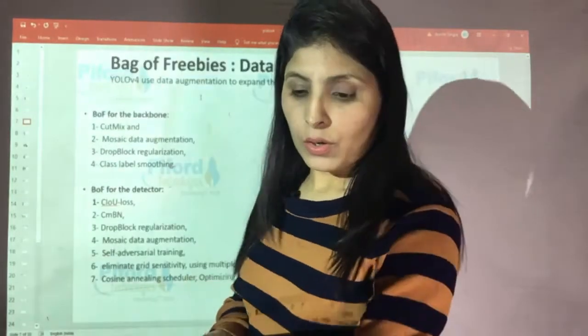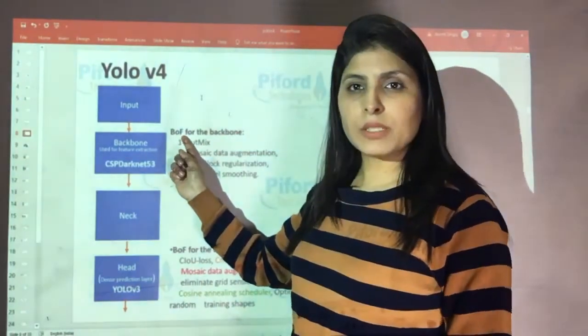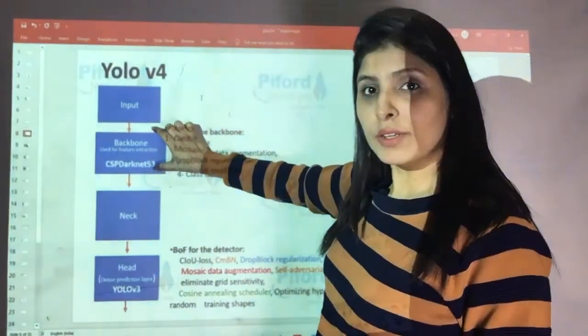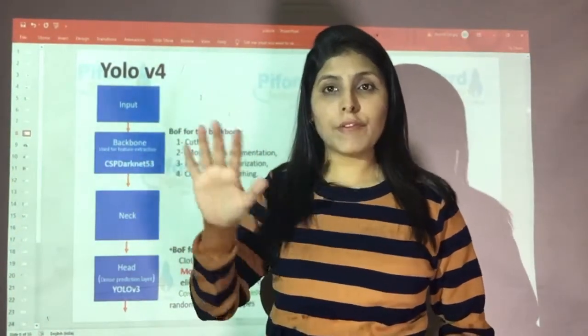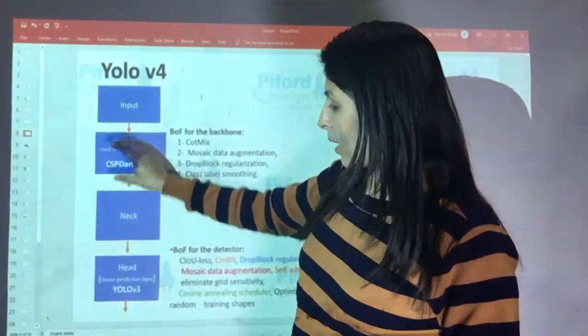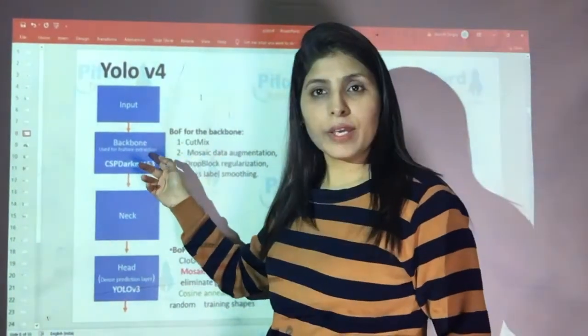So see, BOF simply means bag of freebies. For the backbone, meaning for this particular block, we have different bag of freebies and different bag of specials for backbone and for detector. Obviously the task over here is different.